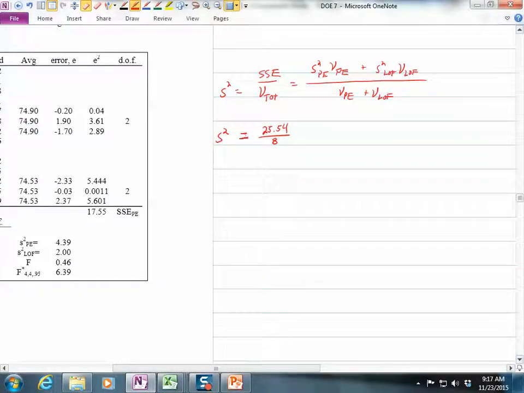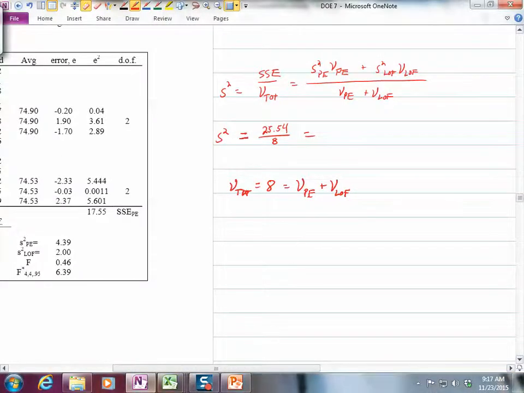So now, what do we have? We need to get the rest of this stuff. So first of all, we have total degrees of freedom just sort of given to us as 8, and that's equal to how many degrees of freedom in the replicates and the everything else.